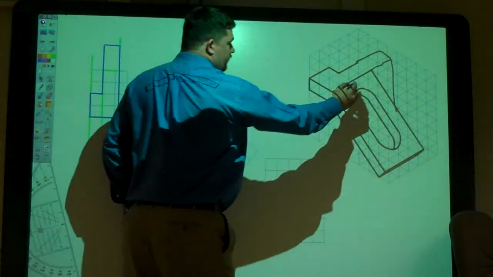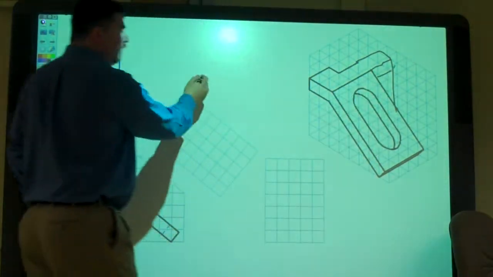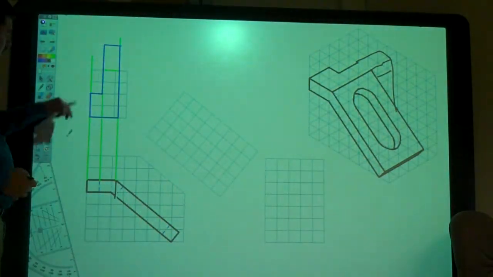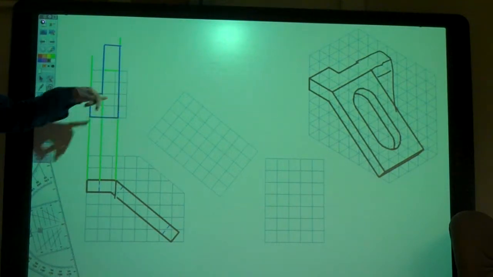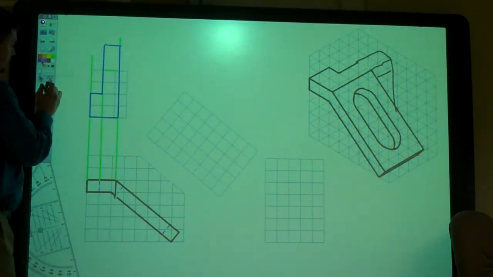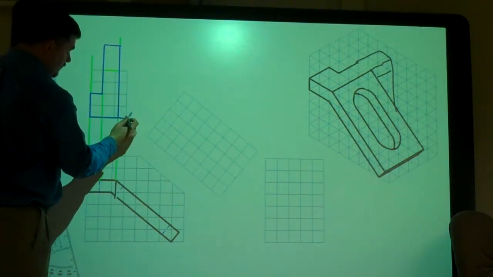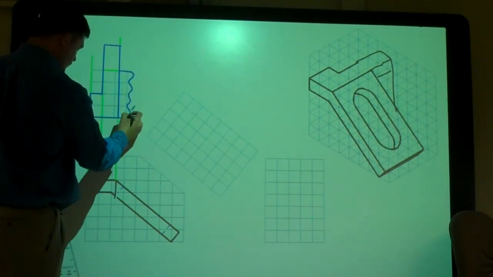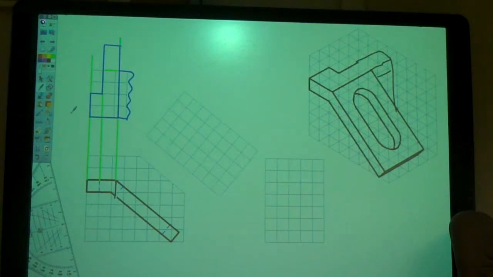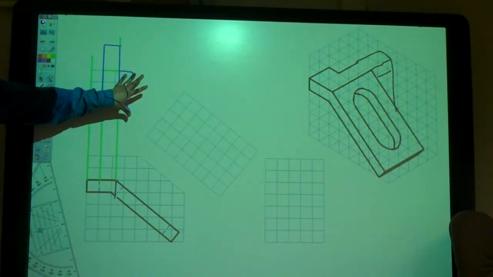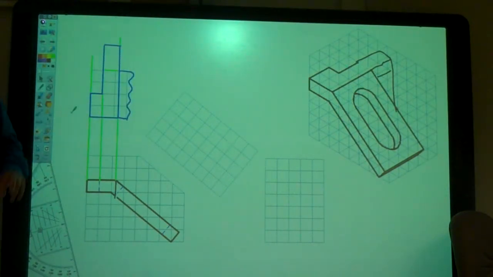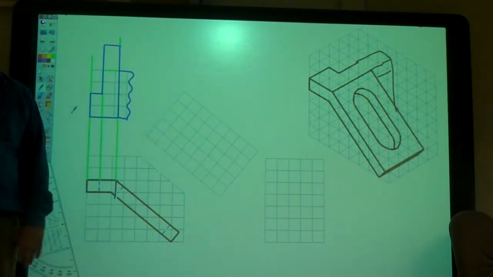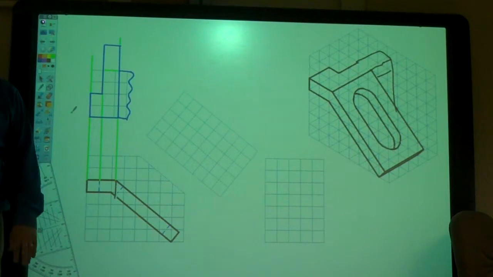If you really want to see, what you could do is draw like that. Now you definitely know that piece is 4 wide here on the front, there's nothing in the back. So we can do that short break to show that. Okay, does that make sense?